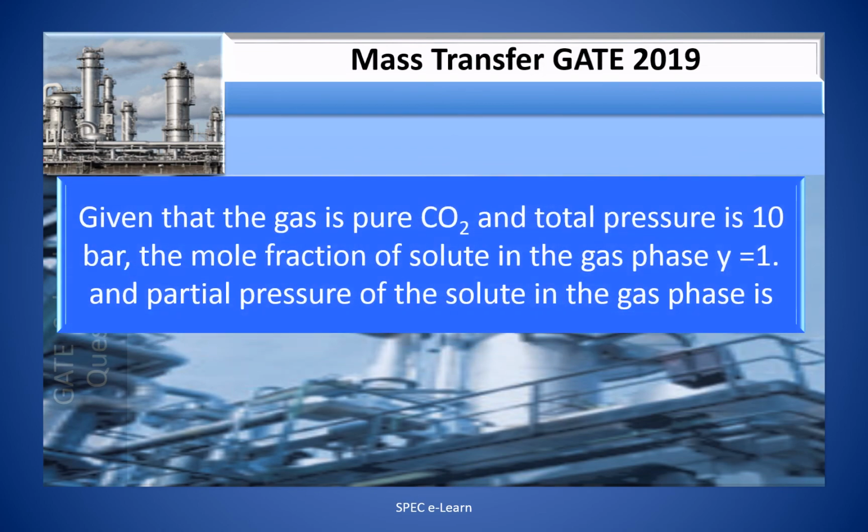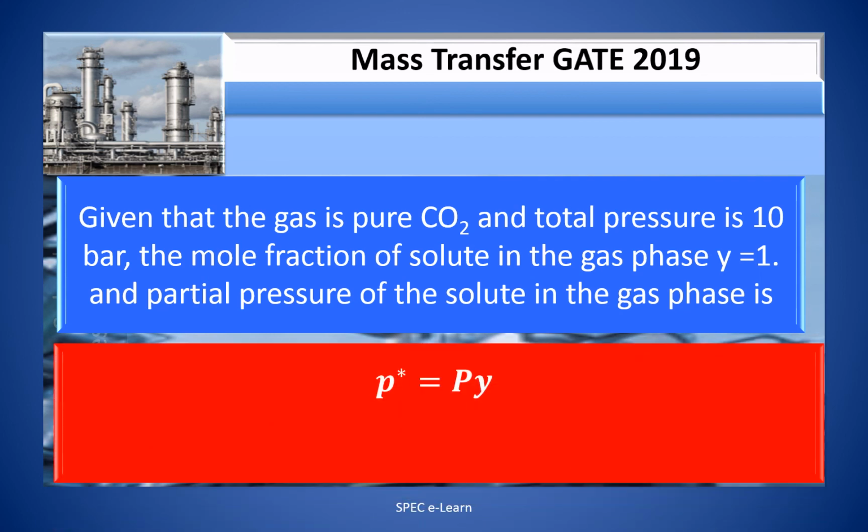Given that the gas is pure CO2 and the total pressure is 10 bar, the mole fraction of solute in the gas phase Y is equal to 1, and the partial pressure of solute in the gas phase is P star equals 10 times 1, equal to 10 bar.